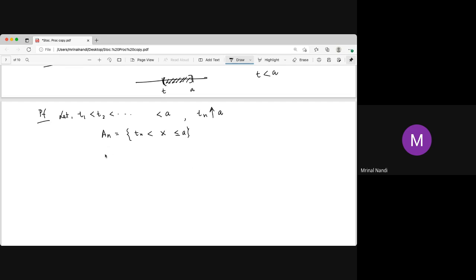Obviously An is a decreasing set, and it decreases to what? It decreases to the set x equal to a, because the intersection of all An, n equal to 1 to infinity, is actually the set containing only x equal to a.